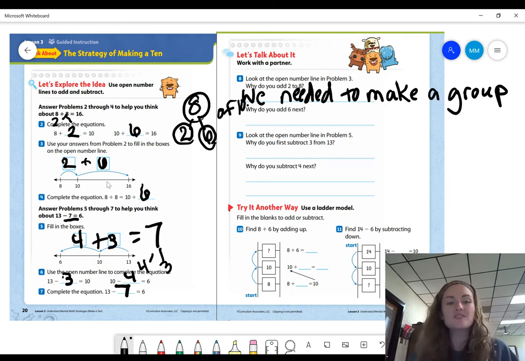So why did we have to add 6? Because we still had part of 8, right? So we added 2, but we weren't done because we knew that 8 plus 8 made 16.